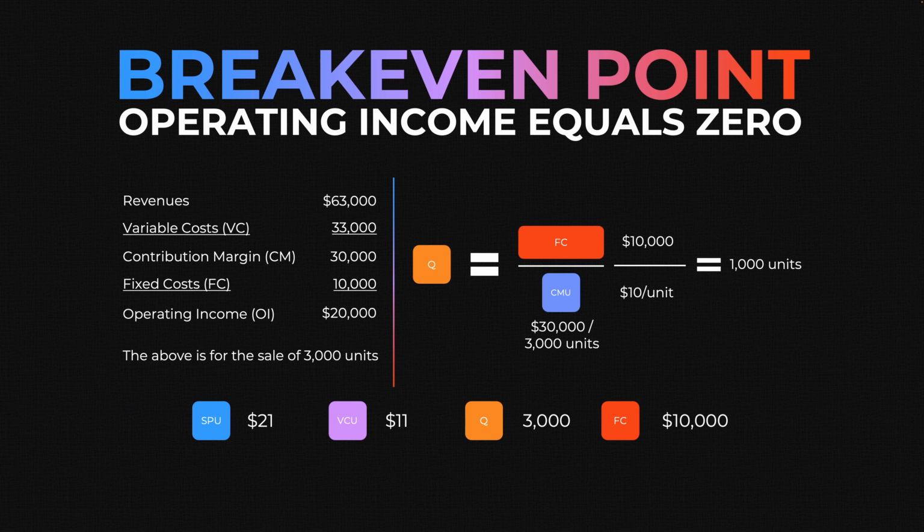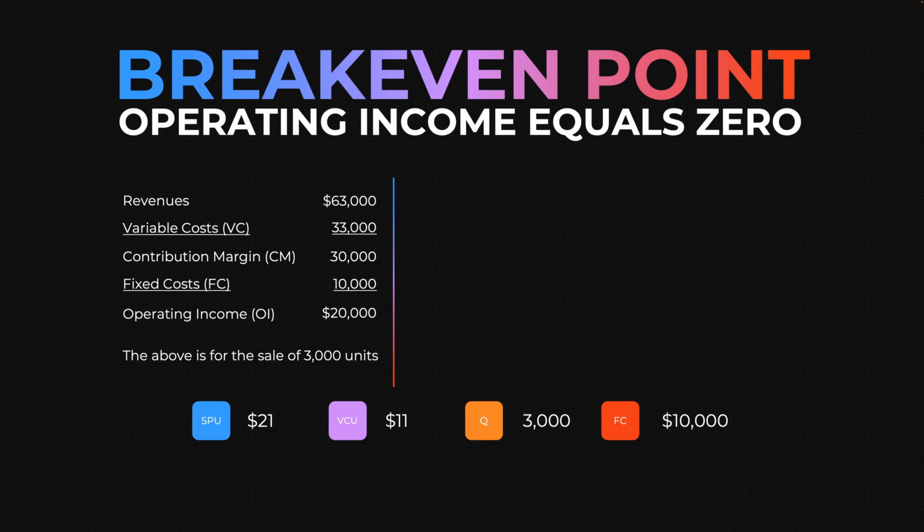Now, we could very quickly calculate the break-even in dollars by taking 1,000 units and multiplying that by the $21 per unit. There's another way to do that too. To do it, we have to calculate something called the contribution margin percentage. The contribution margin percentage is equal to the contribution margin per unit divided by the selling price per unit.